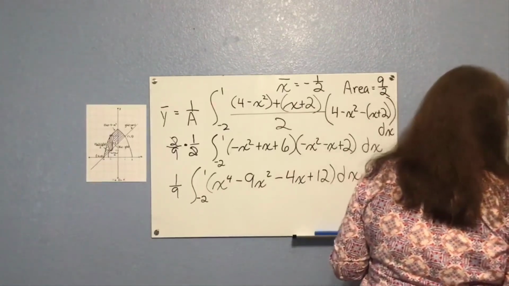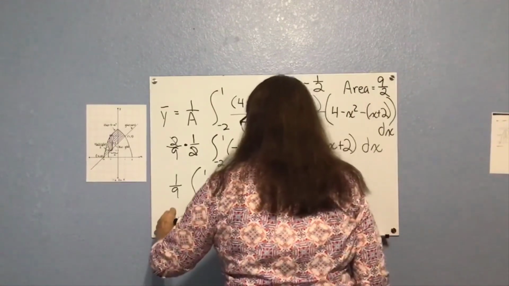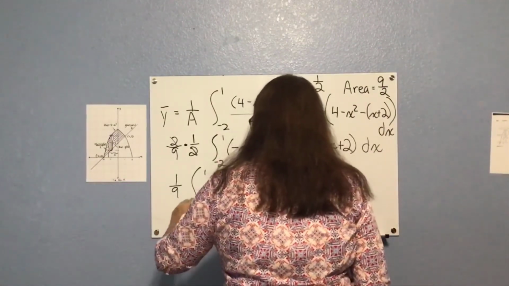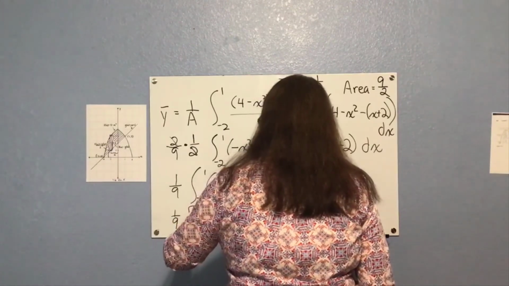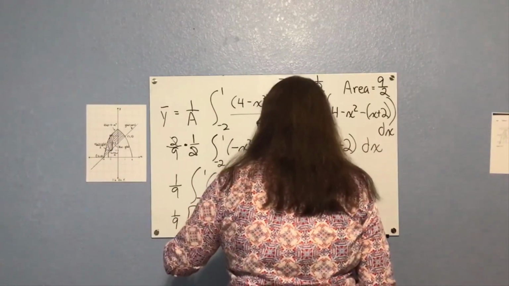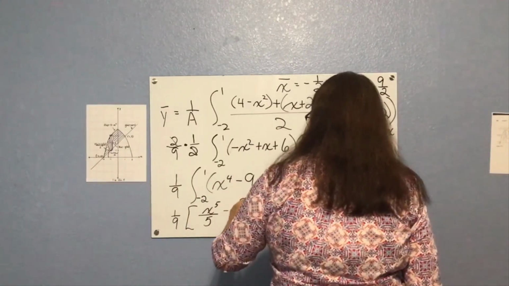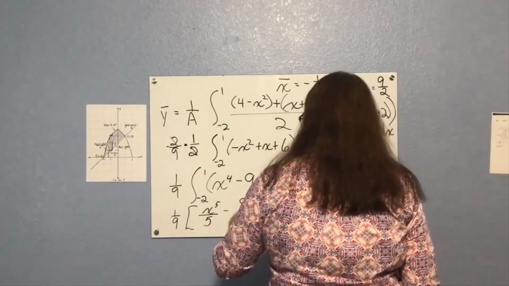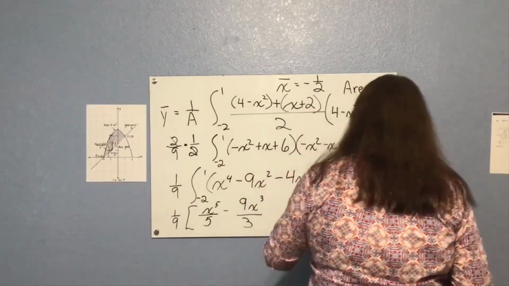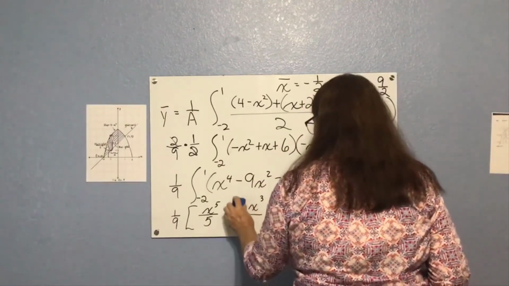And now I can integrate. I have 1/9 times x to the 5th over 5. This would be 9x cubed over 3, but I can reduce that and just make it 3x cubed.